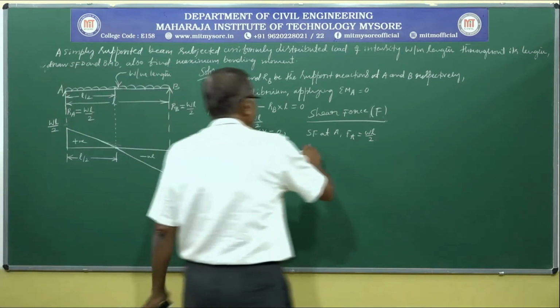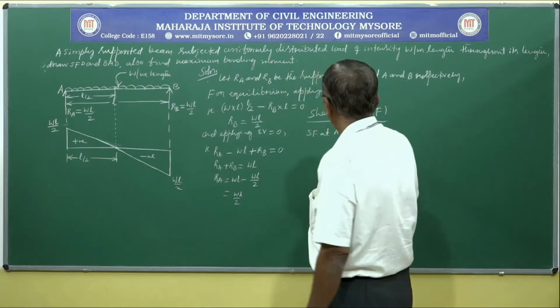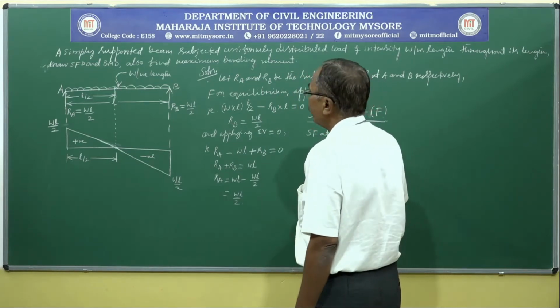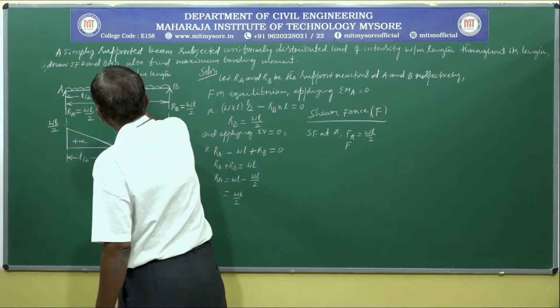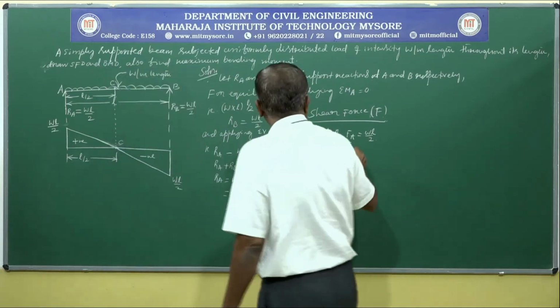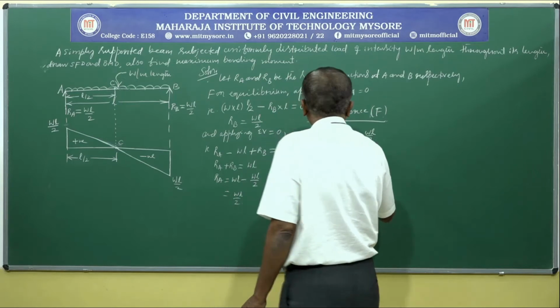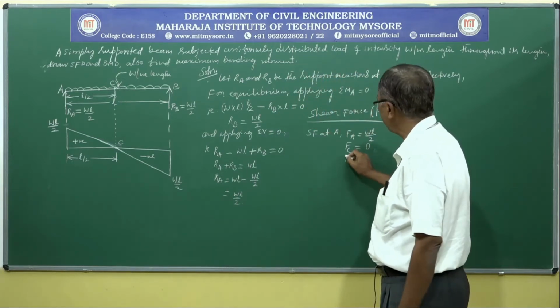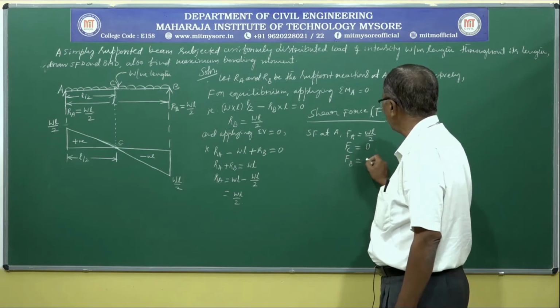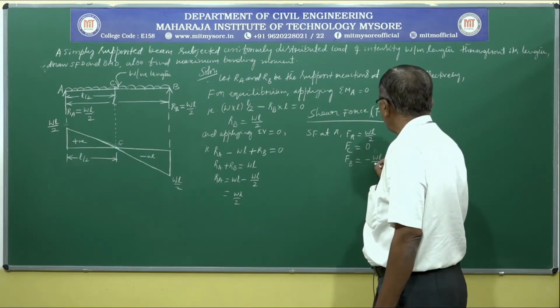Now shear force at A, FA is equal to WL by 2. Next, let us consider this point as C. FC is equal to 0 and FB is equal to minus WL by 2.